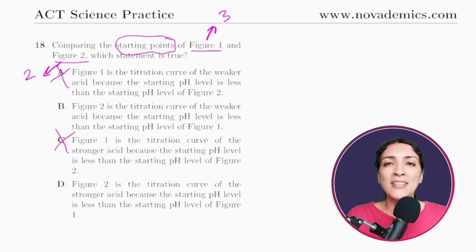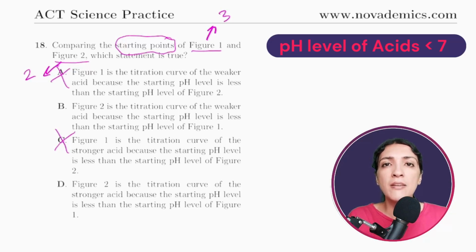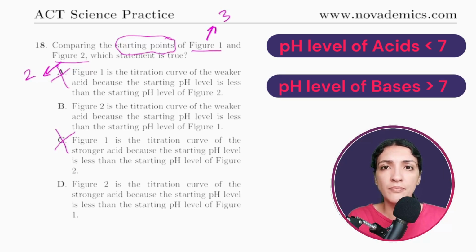Now, as I said, there will be 2 to 3 questions on ACT Science where the test makers will ask about your science background. pH level is a very common topic on these tests, which is why I put it in the practice test. So it's important for you to remember that an acid has a pH level of between 0 to 7, and a base has a pH level of between 7 and 14.